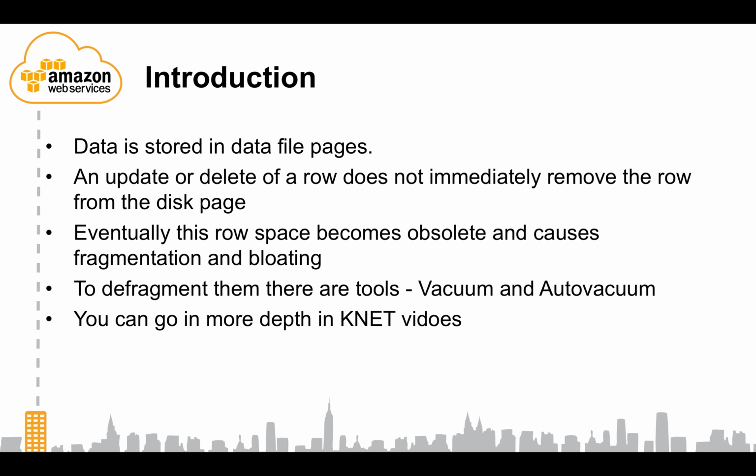Actually, the row space becomes obsolete and causes fragmentation, or we can also call it bloating of the table and also of the index. Thus, to defragment them, there are tools called vacuum and auto vacuum which help in regaining the space which was occupied by dead rows or tuples.